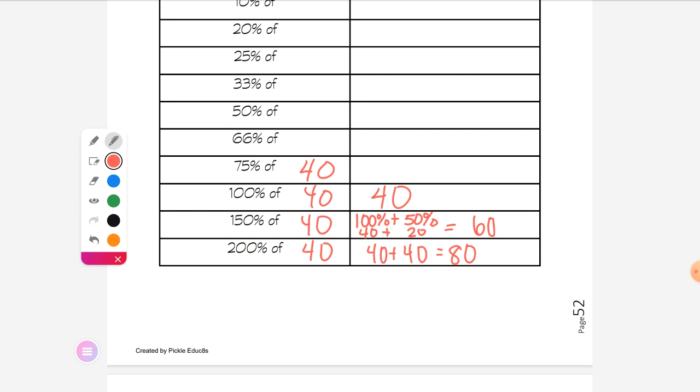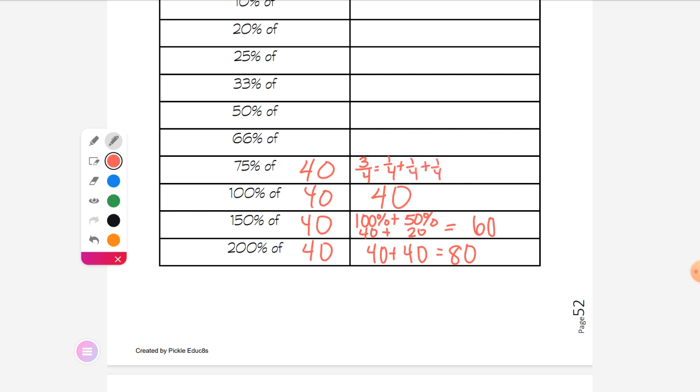Now, 75%. What do we know about 75%, Bryce? What do you know about 75%? It's 3/4. Most of us think that, right? So I'm going to write 3/4. Is 3/4 a unit fraction? No. But what unit fraction could I think about? Harper? 1/4. Do we all agree that 3/4 is 1/4 plus 1/4 plus 1/4?